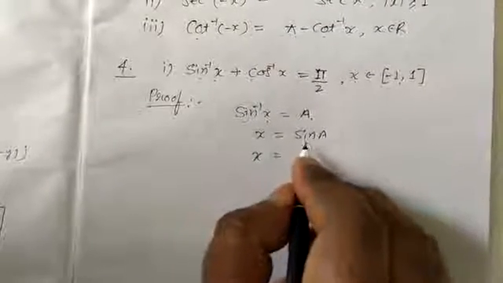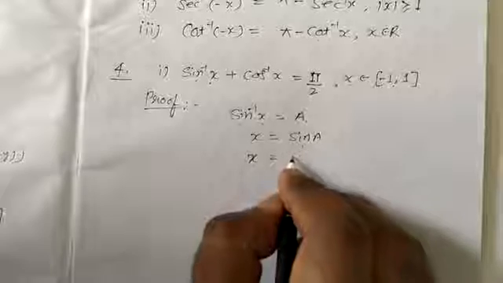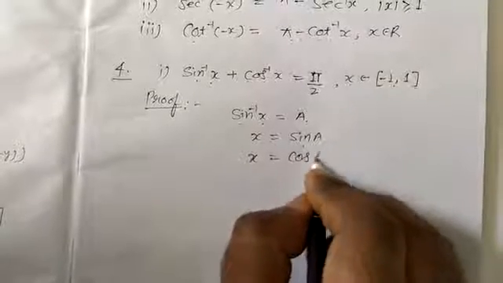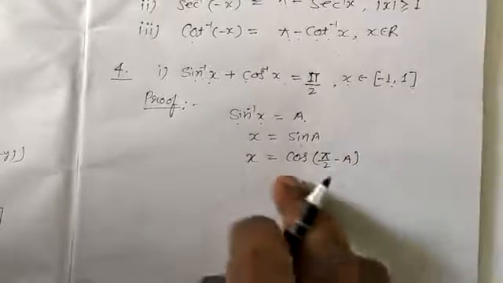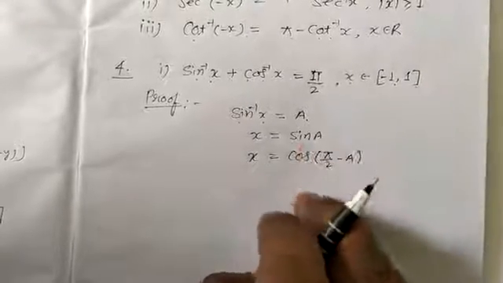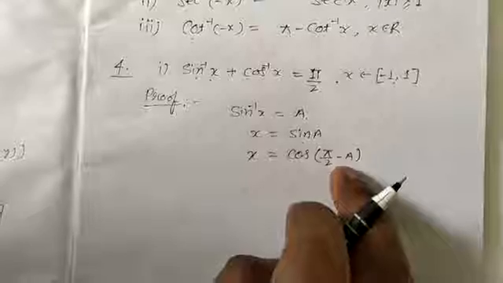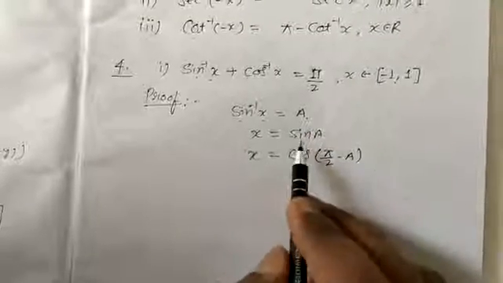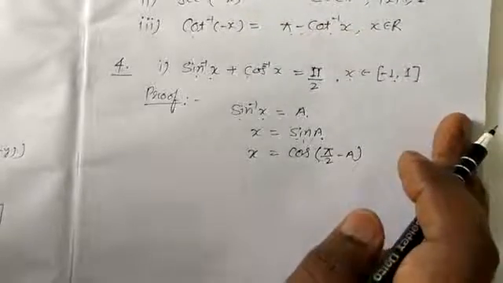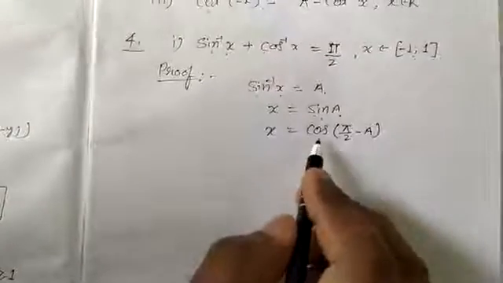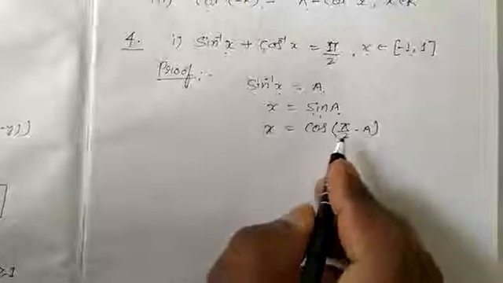You can also write sin a as cos of 90 minus theta, that is pi by 2 minus a. Cos 90 minus theta is sin theta. Here cos 90 minus a is equal to sin a. It means we can write cos 90 minus a in place of sin a. x equals cos of pi by 2 minus a.